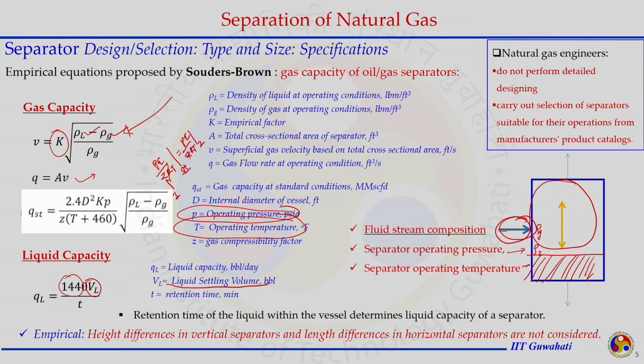So, I think it is clear from here that the parameters gas capacity and liquid capacity become important, and when it is a high pressure gas stream, we understand from the literature that it is the gas capacity that dominates the selection, meaning the volume of the gas that is going to be separated out using a separator decides the type and size of the separator that should be used.